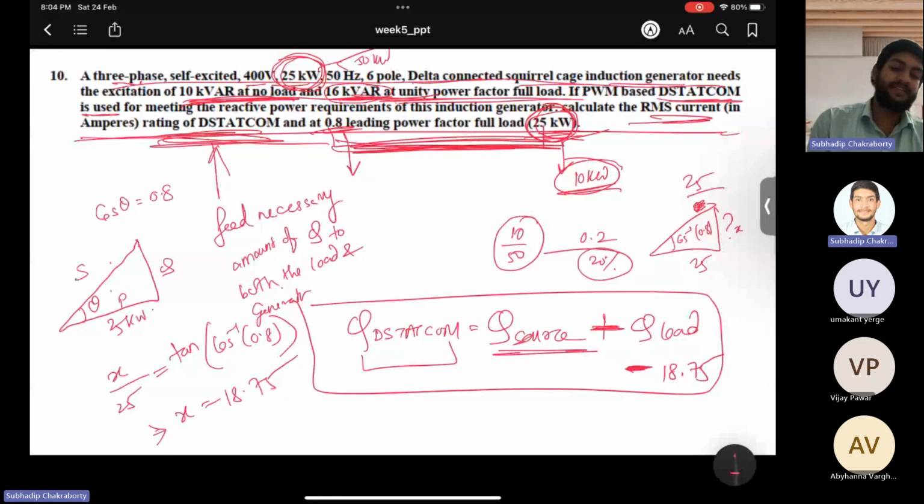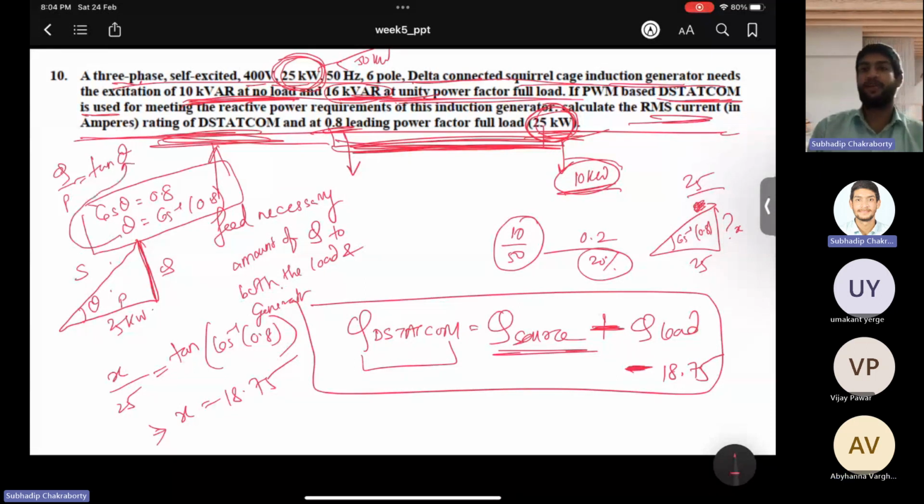If I want this Q, Q by P is tan theta. Theta is cos inverse 0.8 from here. So plug it in, multiply, and then you get the Q value from here.